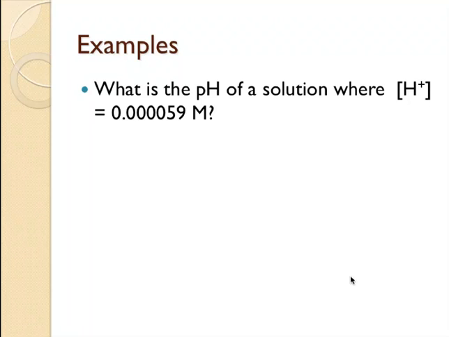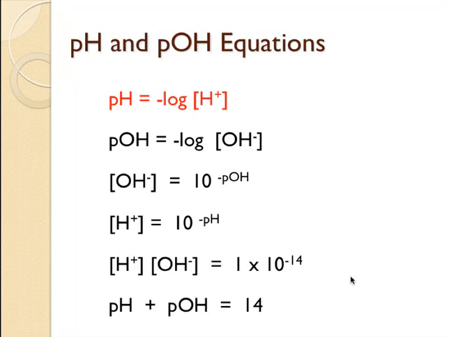All right, so what is the pH of a solution where the concentration of the hydronium is equal to 0.000059? Well, here are several equations that we are going to use. You should write these down. So pause me so you can write these down in your notes, because these would be important to have in your notes.